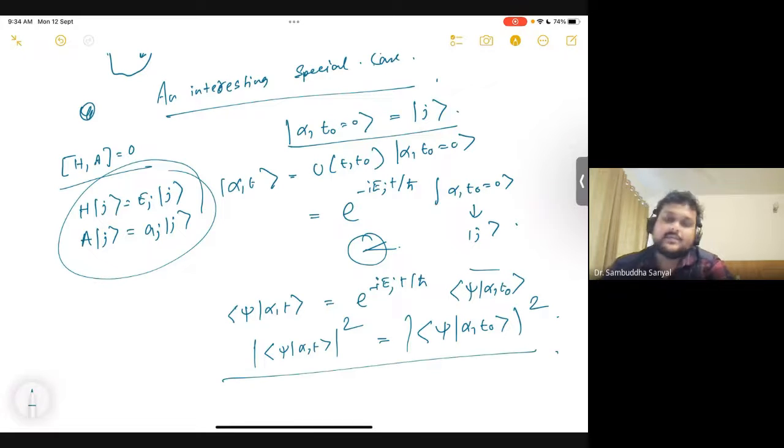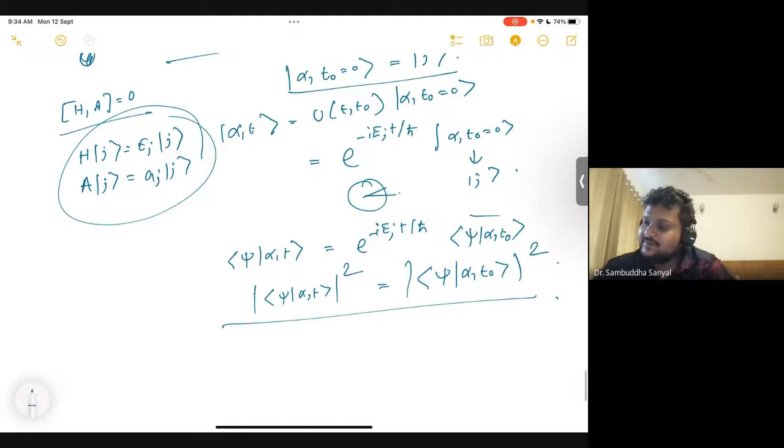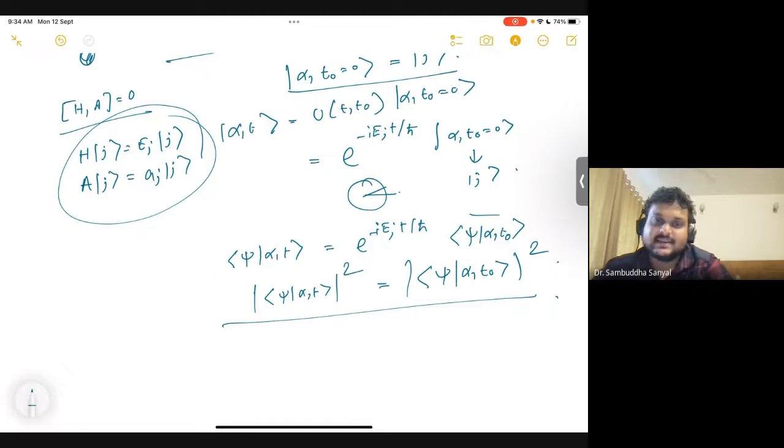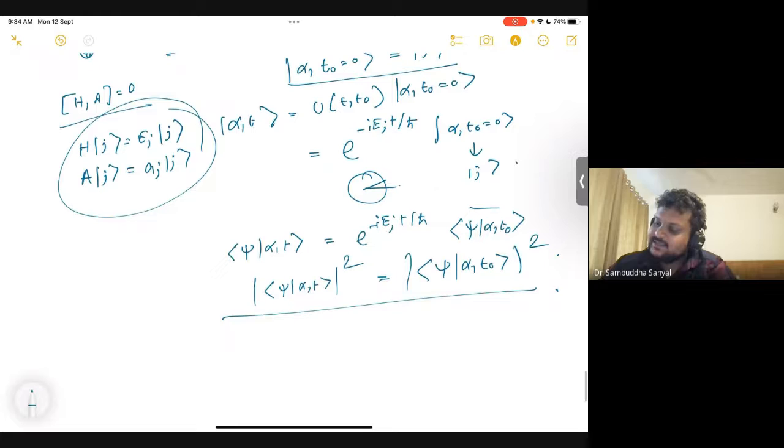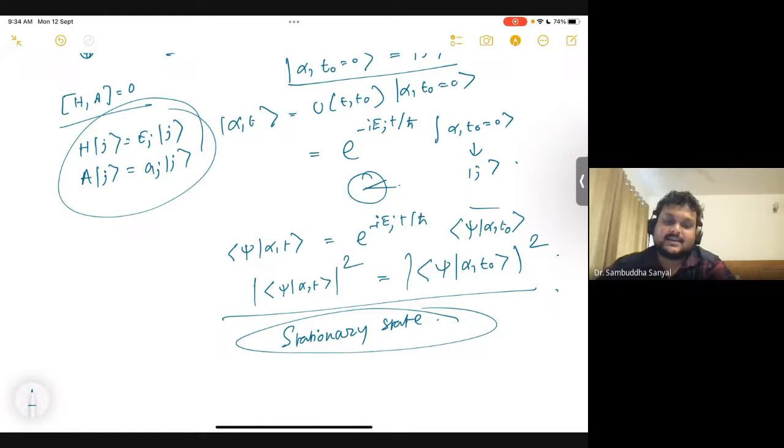With time, the probability of finding the system in that state will not change. This is called a stationary state, which means the system is always in that state. So eigenstates are stationary states under time translation. Eigenstates of any operator that commutes with the Hamiltonian are stationary states under time translation, because the Hamiltonian is the generator of time translation.